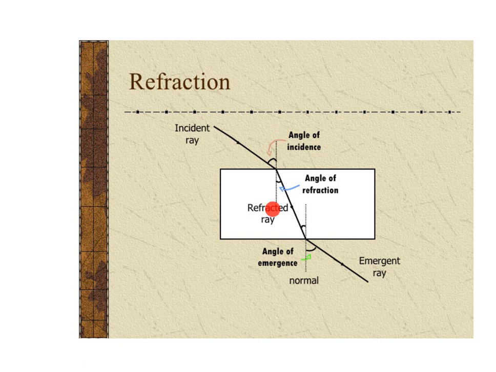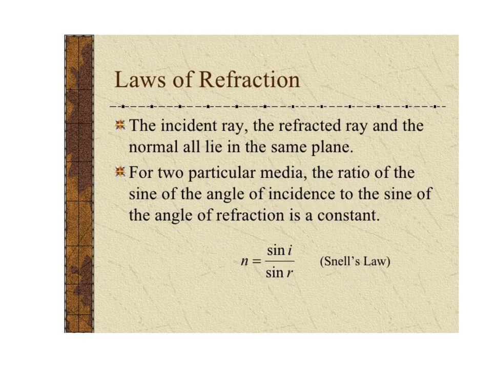The angle of refraction is the angle between the normal and the refracted ray, and the angle of incidence is made by the incident ray and the normal. Let us also see here, this is the angle of emergence, which is made by the normal and the emergent ray.